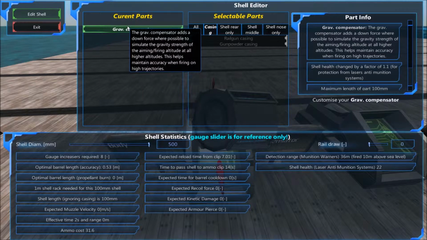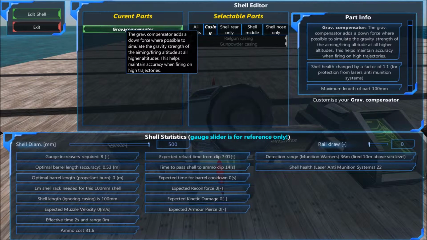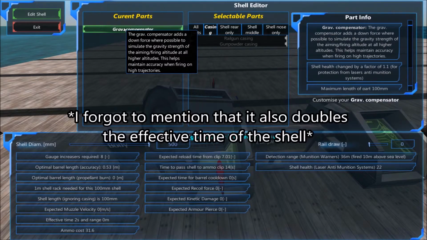So anyway, that potentially could mean if your shell has a really, really high arc, your shell will still potentially be able to hit the opponent. Obviously, I wouldn't ever recommend using this over a compensator, because for the most part the benefits are so marginal and so rare.